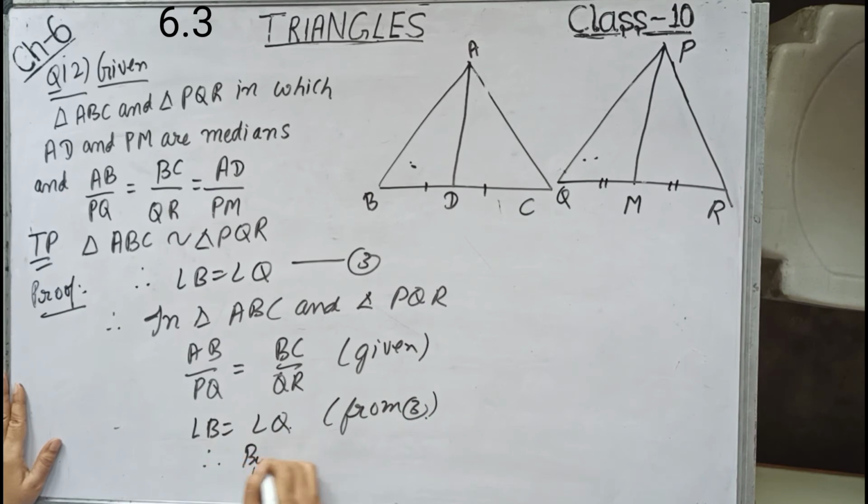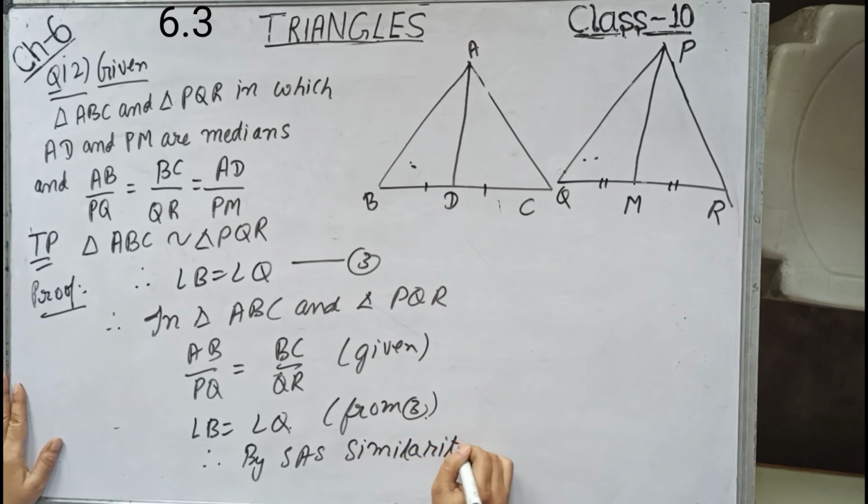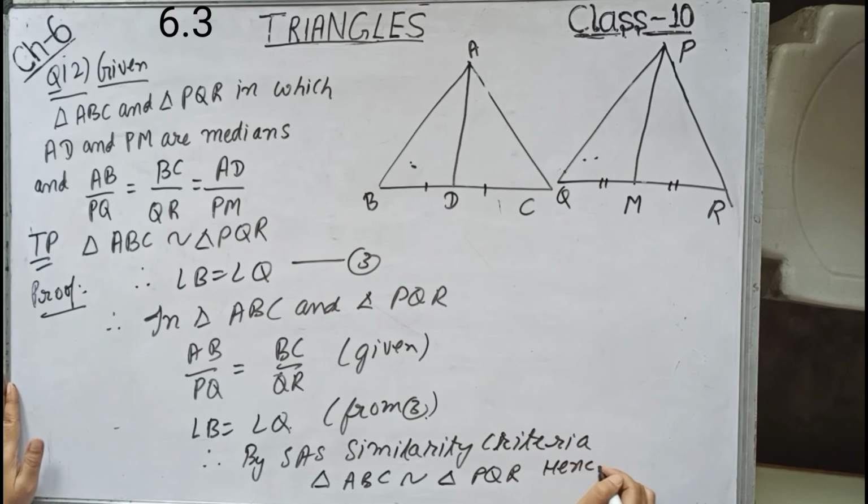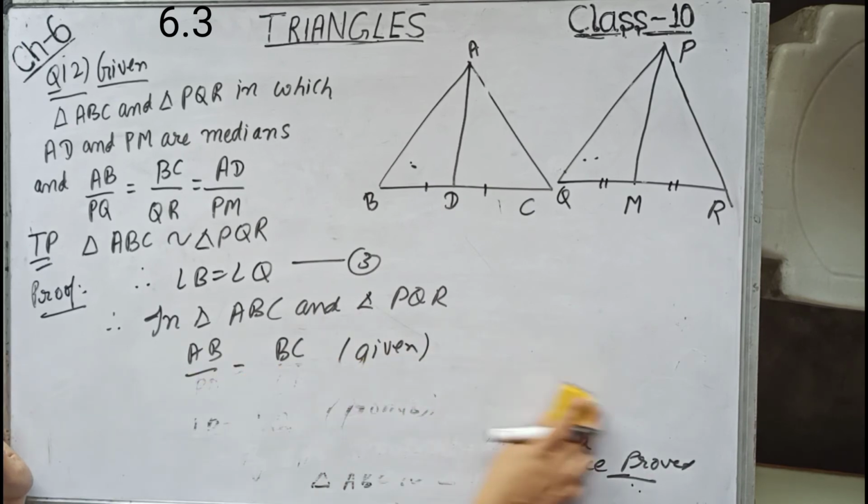Therefore, by SAS similarity criteria, triangle ABC is similar to triangle PQR, and hence proved. So easy. Let us move to question number 13.